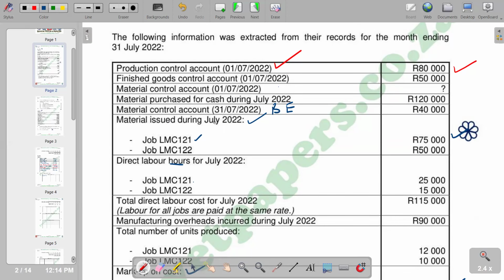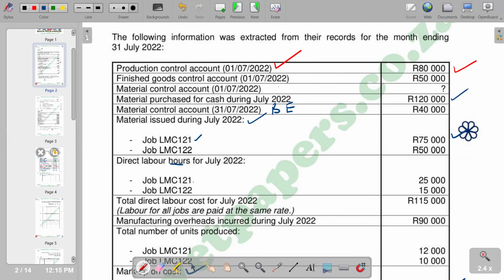And then we check in terms of other entries that we have. Remember, for material, we are given 120,000 as material purchased for cash. So it's going to be to the debit side of the material control. So the double entry on that one is that we debit material control and then we credit bank. So in this case, we are going to the debit side of the material control and enter 120,000.